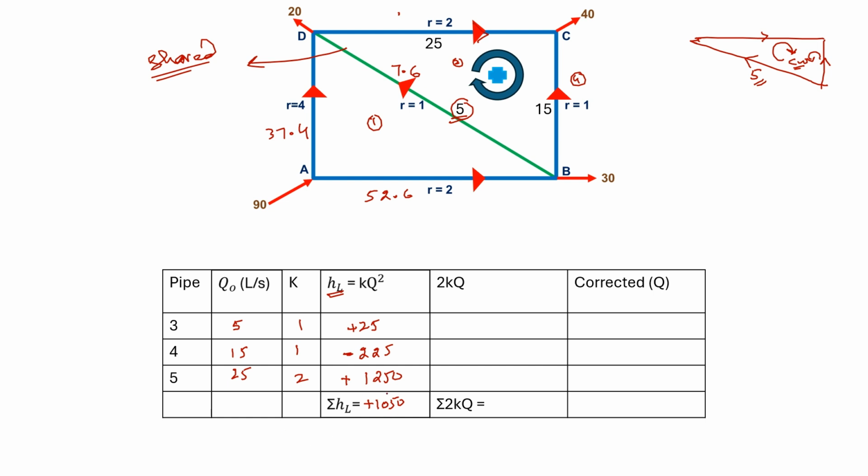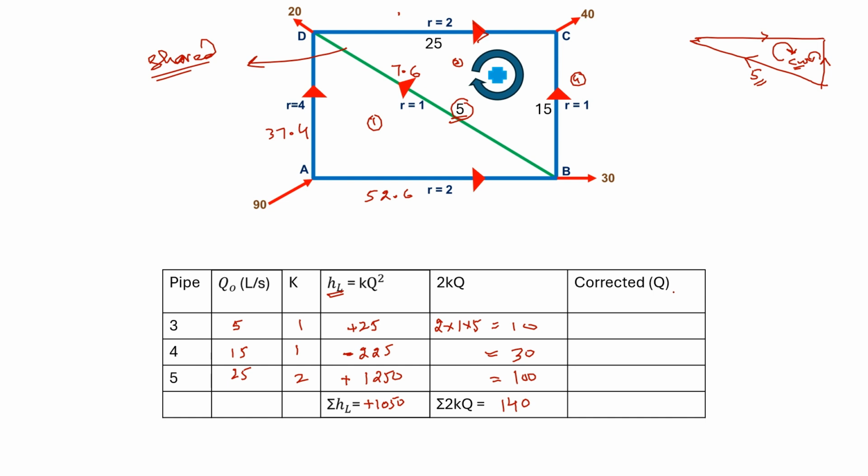Now, it is not 0. It means that we need to apply the correction. For correction, we need 2 into K into Q. This is 10. In the same way, for the fourth pipe, it will be 30. And for this pipe, it will be 100. So it will be equal to 140.